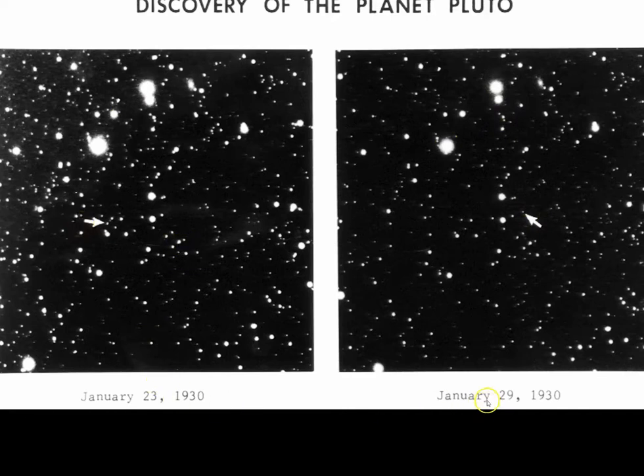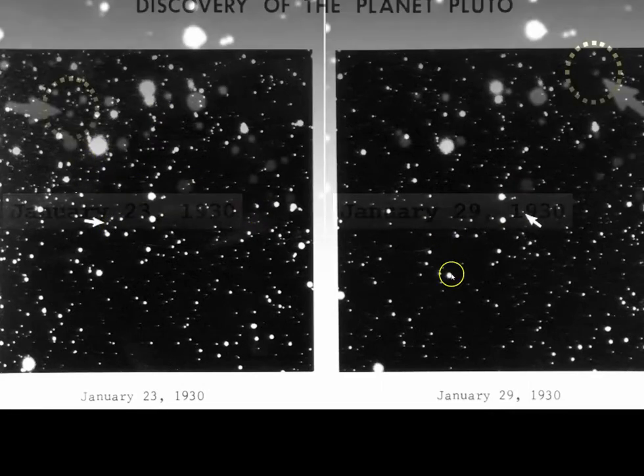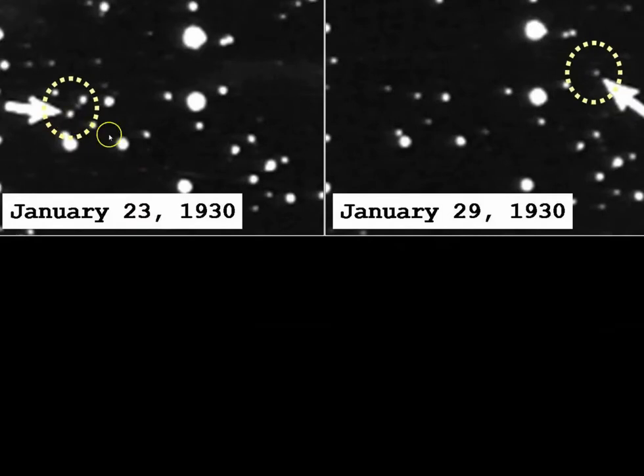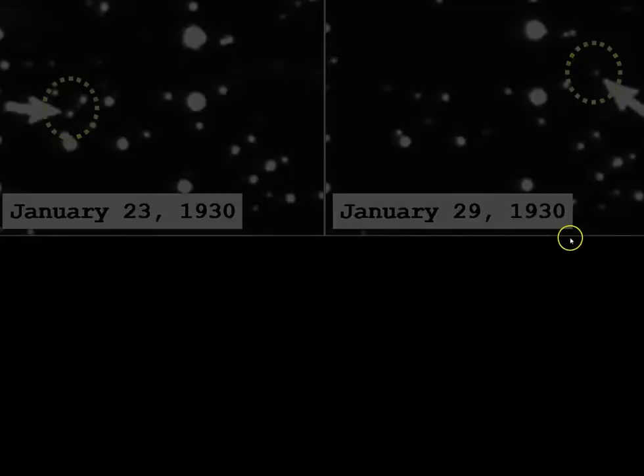Now, 6 days for Earth is a relatively short cosmic time. Stars, you'll see, don't move that quickly across the night sky over 6 days. So with this very rapid change of position over 6 days, he knew this had to be some sort of celestial body that wasn't a bright luminous star.